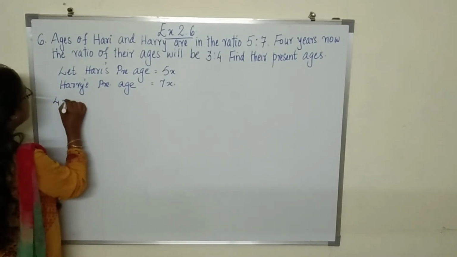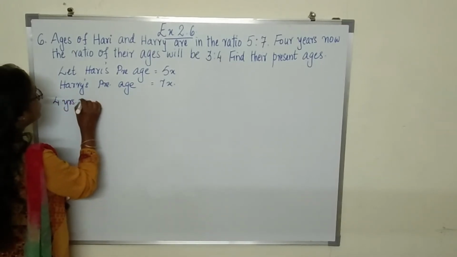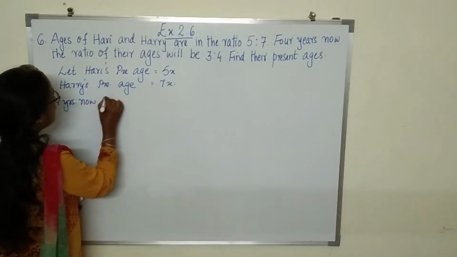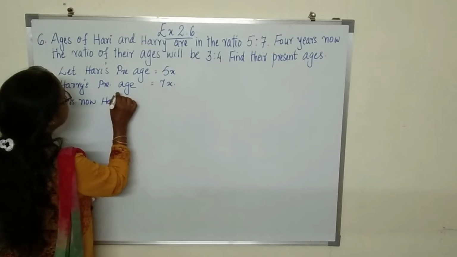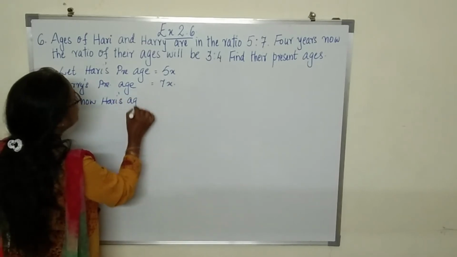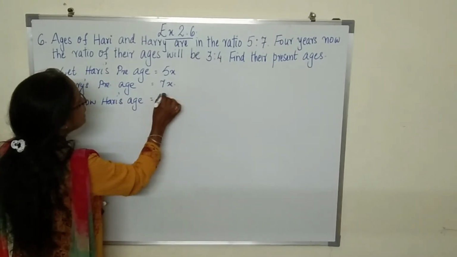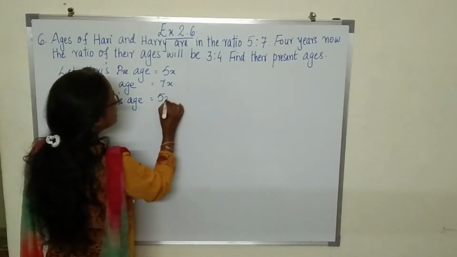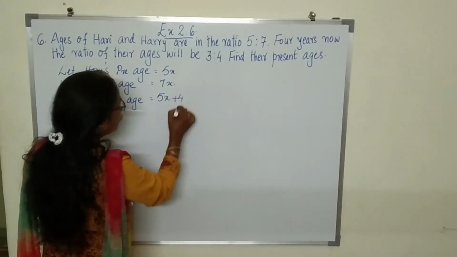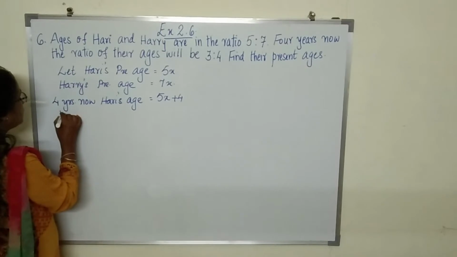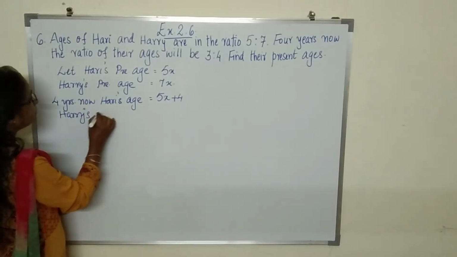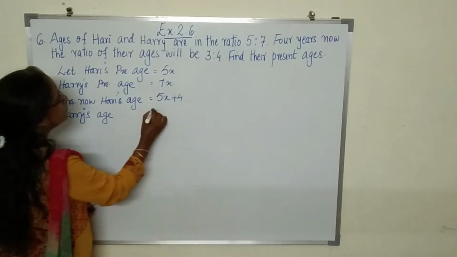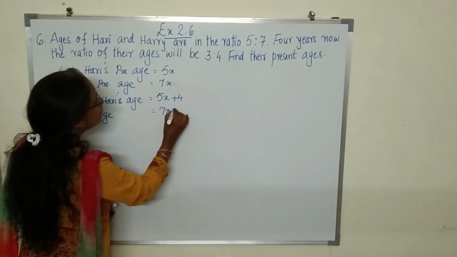After 4 years, Hari's age will be 5x plus 4 and Harry's age will be 7x plus 4.